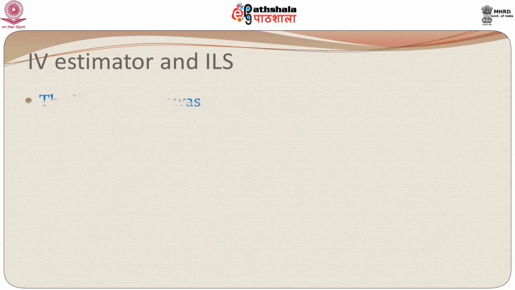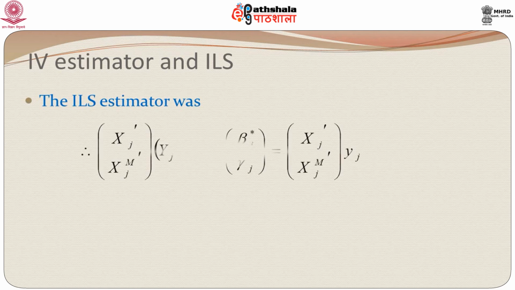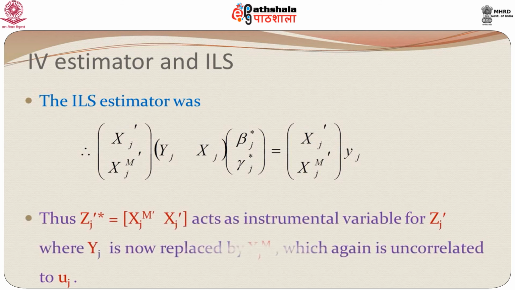As for the IV estimator and the ILS estimator, remember the ILS estimator was this form, and in this case we have our Zj as Yj xj, but now we replace the Yj's by xjm. Remember, xjm are the excluded exogenous variables.